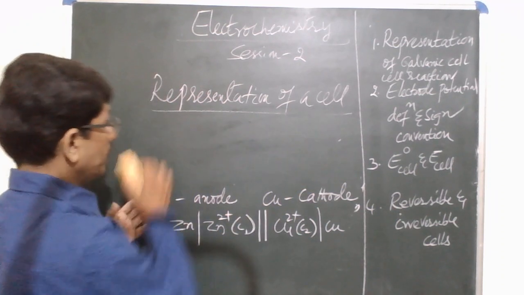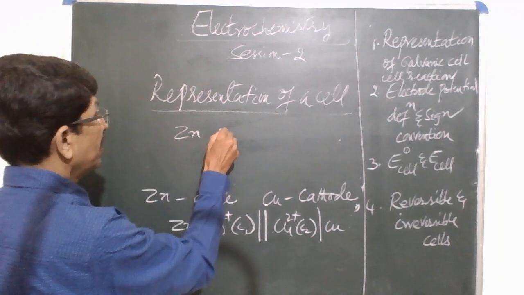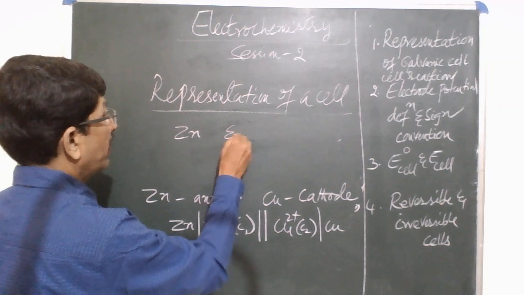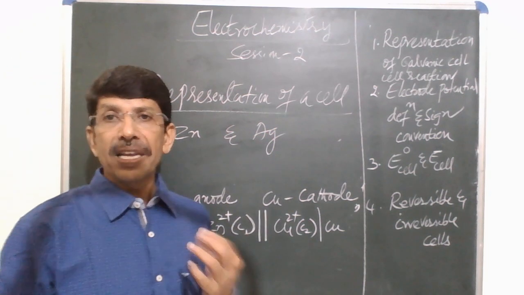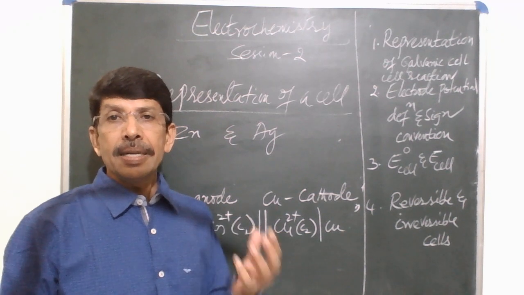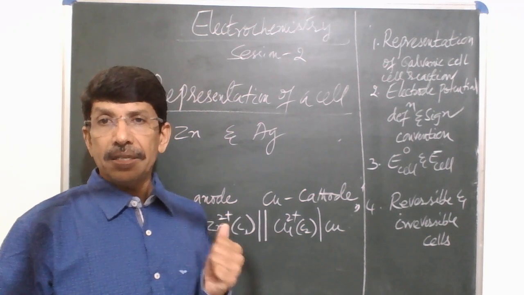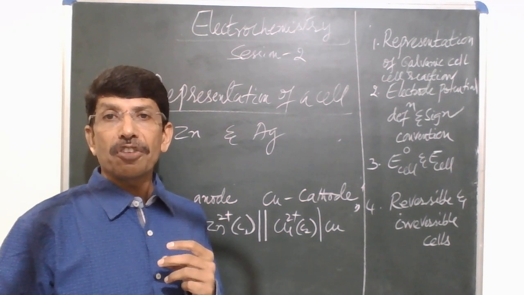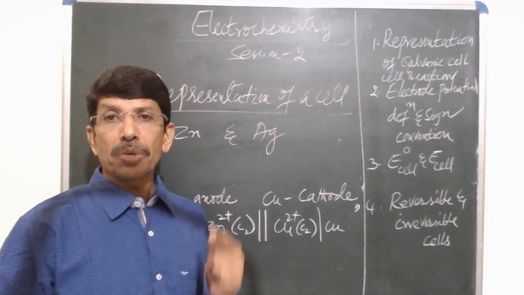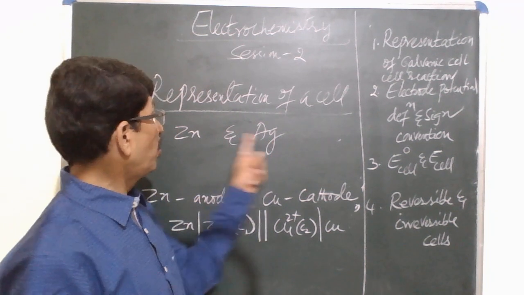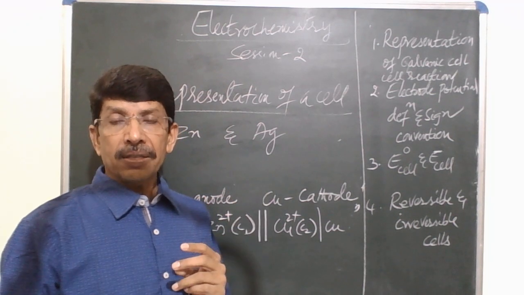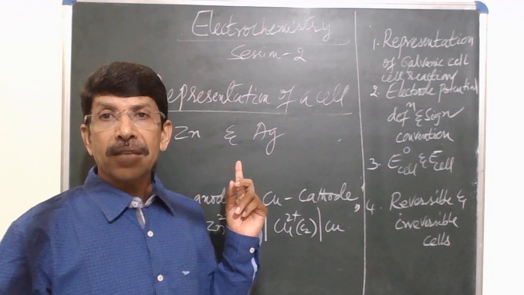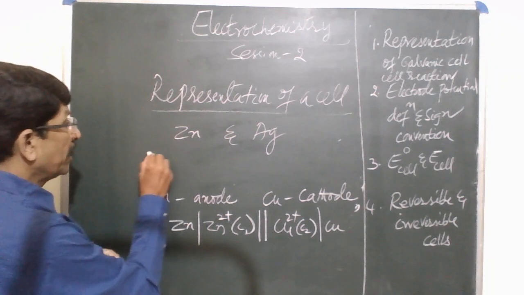Similarly, if I take a galvanic cell made up of zinc and silver electrodes, again here, the reduction potential of silver being more than the reduction potential of zinc, the silver electrode acts as the cathode and the zinc electrode acts as the anode. So how do we represent this cell?